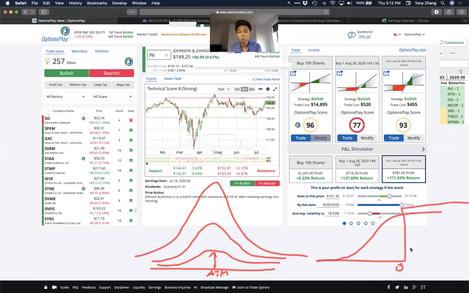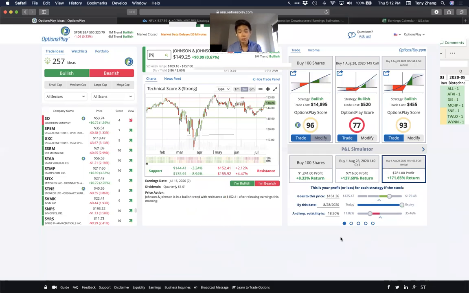Basically, delta goes from 0 to 1 very, very quickly because, at expiration, if you have a $100 strike price, the difference between making money and losing money on that trade is literally a penny, right? Because if it closes at $100.01, you're going to lose money on that covered call, and the call is going to get called away.